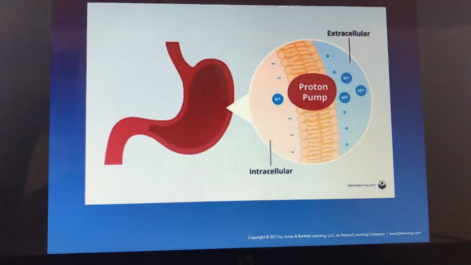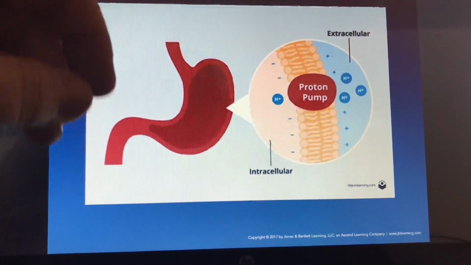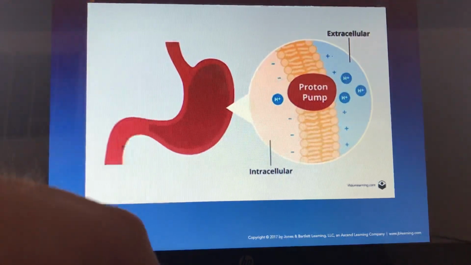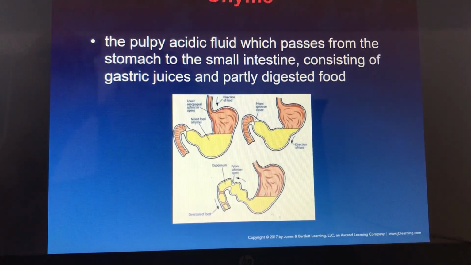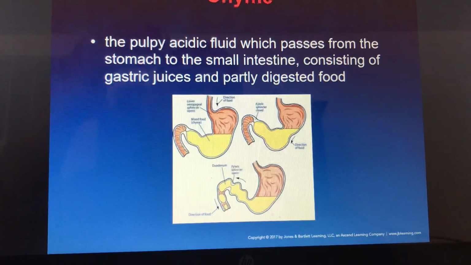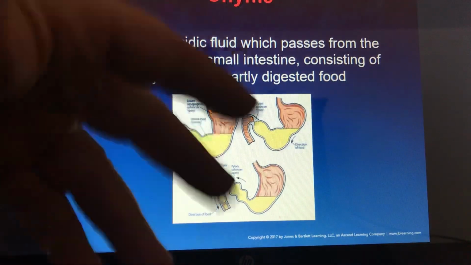They're going to kick out the acid, and they cause an acidic environment inside the stomach, and it starts breaking down food. And it creates something with the food mixture and the acid together. It's called chyme. And chyme is simply the mixture of the acids and the food together.